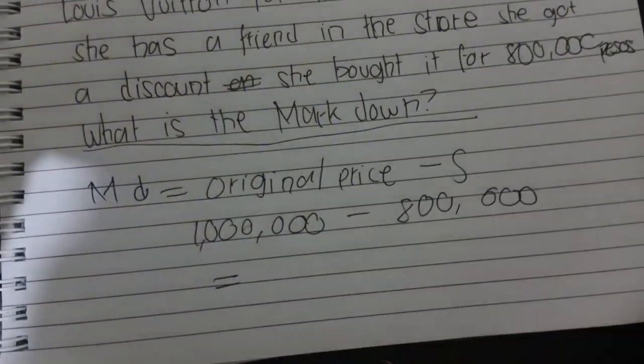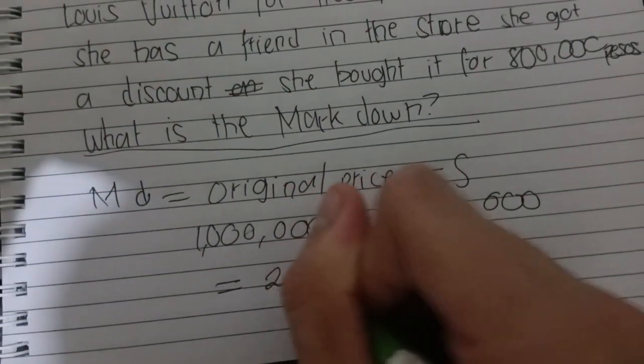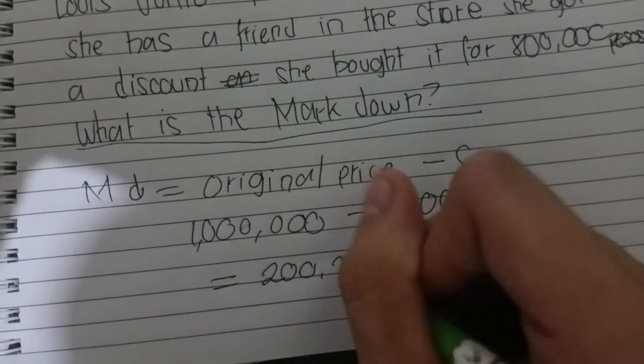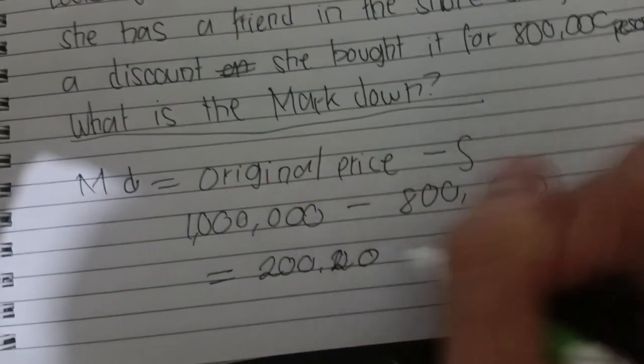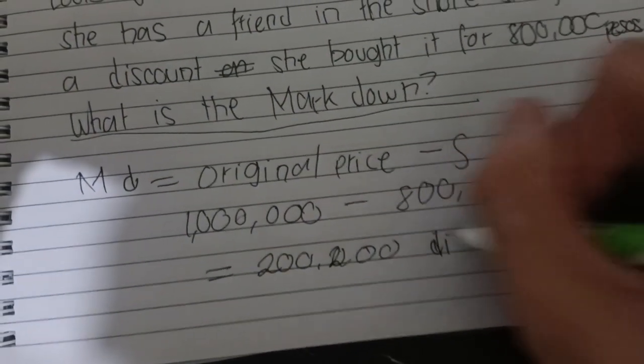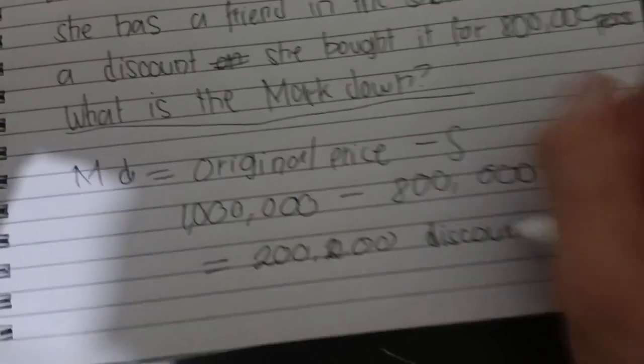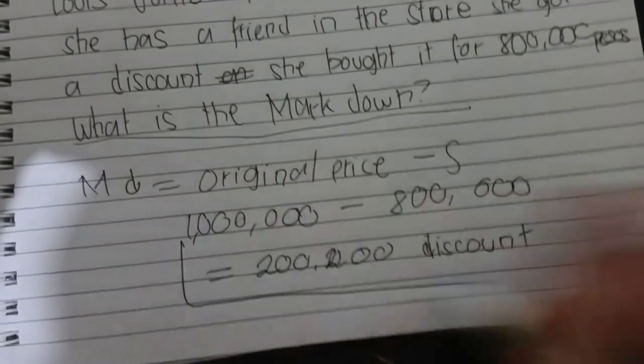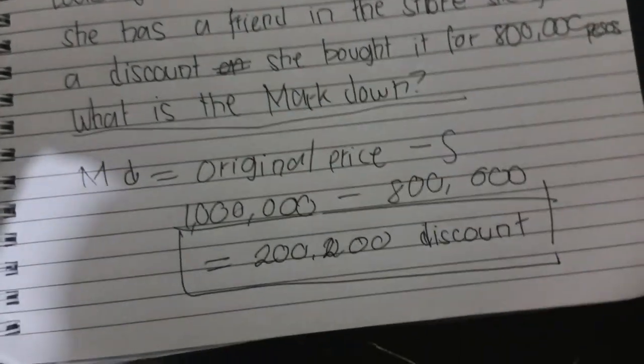Pag minus natin yan, lalabas dito na ang discount na nakuha ni Andrea Brillantes ay 200,000 pesos. Ayan na yung discount na nakuha niya sa store na yun dahil may friend siya doon.